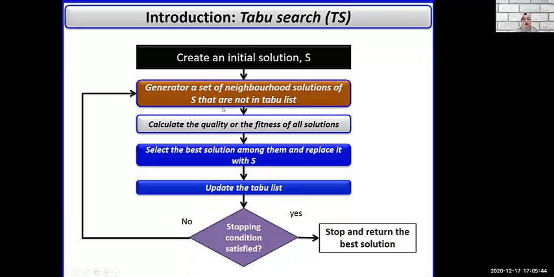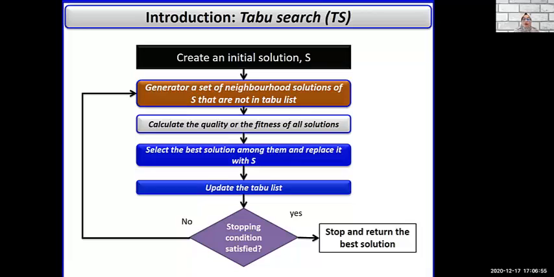So calculate the quality or fitness of all the solutions. Select the best solution among them and replace the current solution. This is also different from simulated annealing, as we just choose the best neighbor and update the current solution. So the best neighbor might not be better than the current solution. And then we update the Tabu list. The Tabu list is also one of the elements that differentiate Tabu search from simulated annealing and hill climbing.